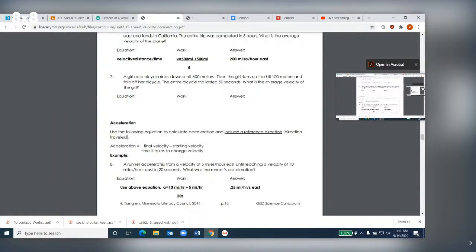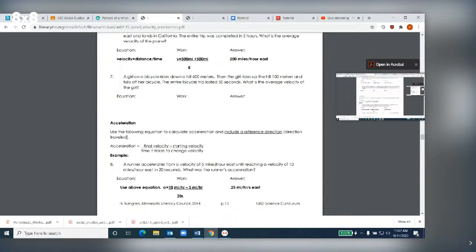Starting velocity was 5. So you get 10 minus 5 is going to be 5, and that took 20 seconds. So you're going to divide 20 into 5, and that gives you 0.25 miles an hour would be the acceleration.